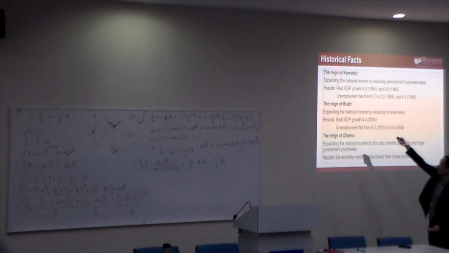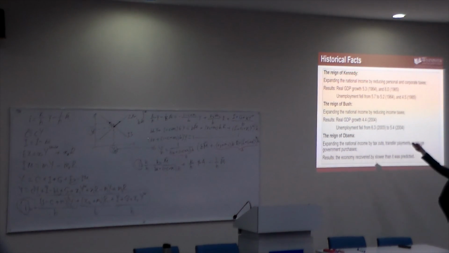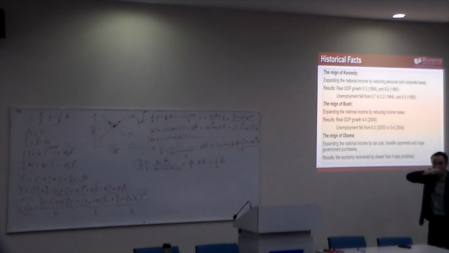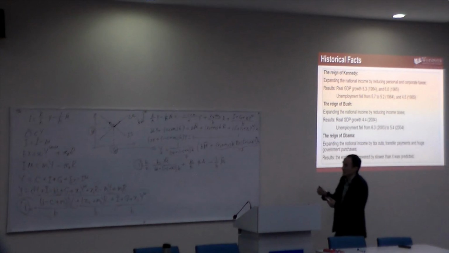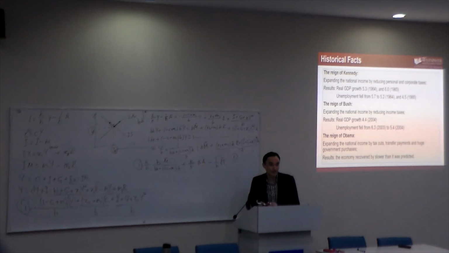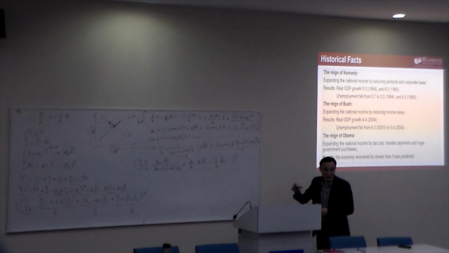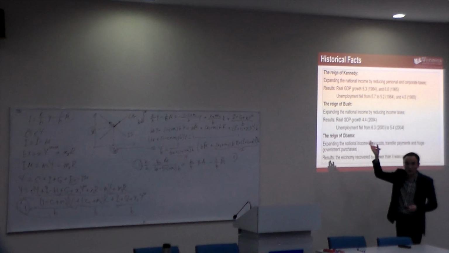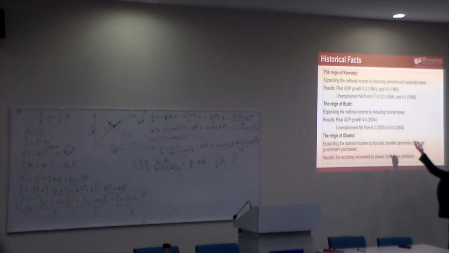For example, during the time of Kennedy, national income was expanded by reducing personal and corporate taxes, which means he tried to reduce that T in the multiplier in order to reach a higher level of income.